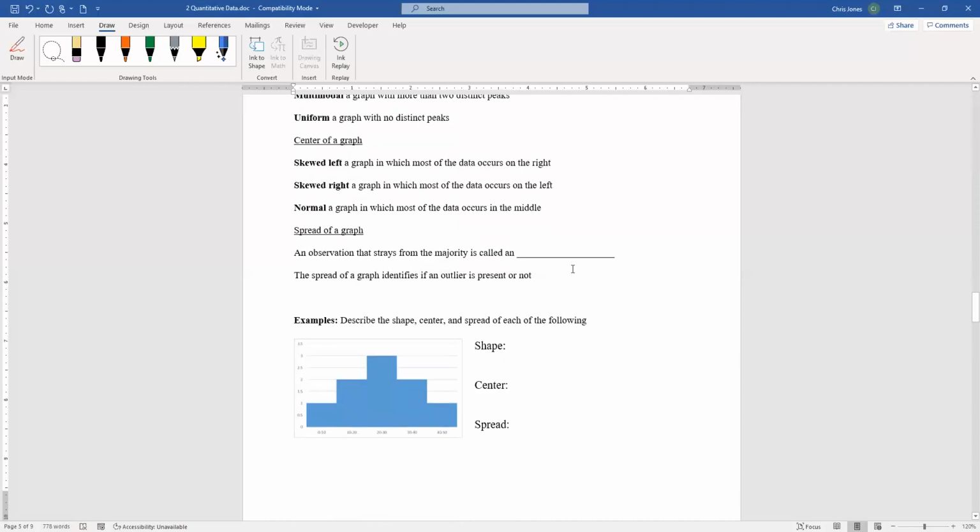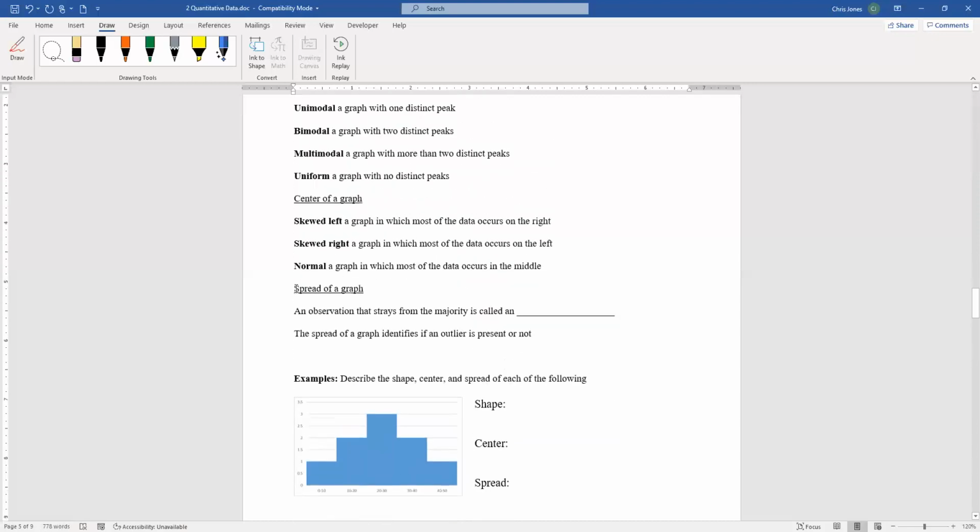Finally, for right now there's only one way that we can characterize the spread of a graph. For the spread, we're looking for things called outliers. Notice they are not outliners, they're called outliers.